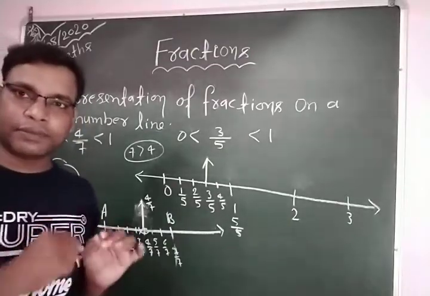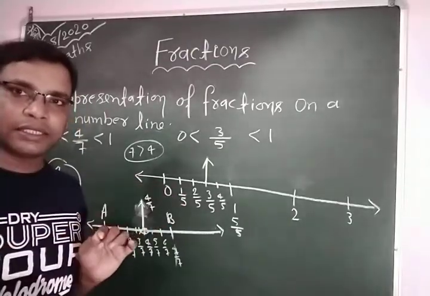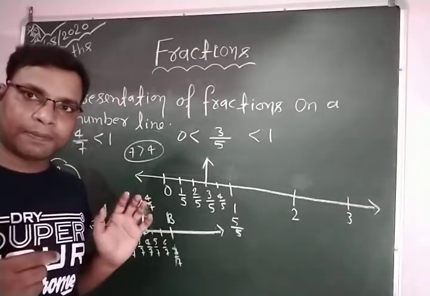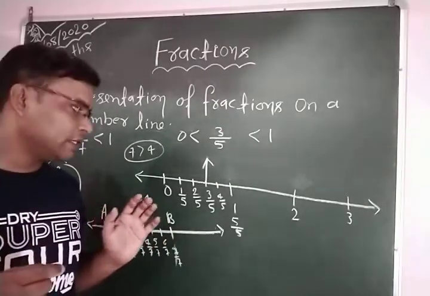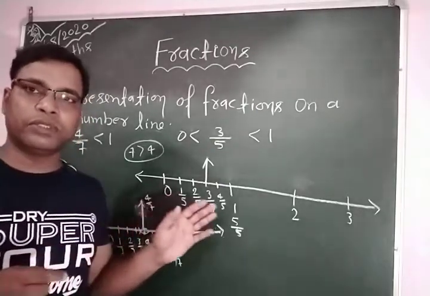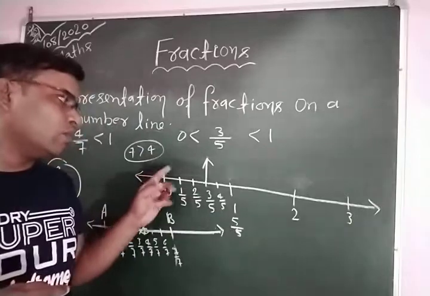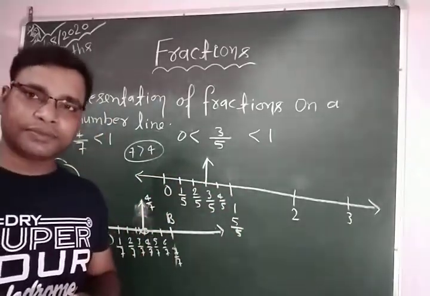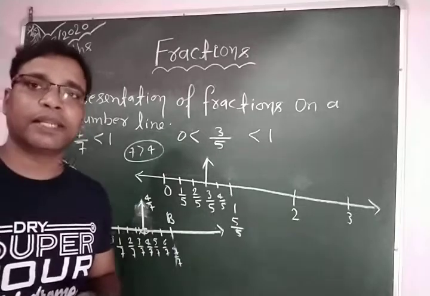For this, first we draw a straight line. Okay, and after this we plot the whole numbers 0, 1, 2, 3, and according to point O, point A, point B, and so on. Okay, after this we check the fraction.